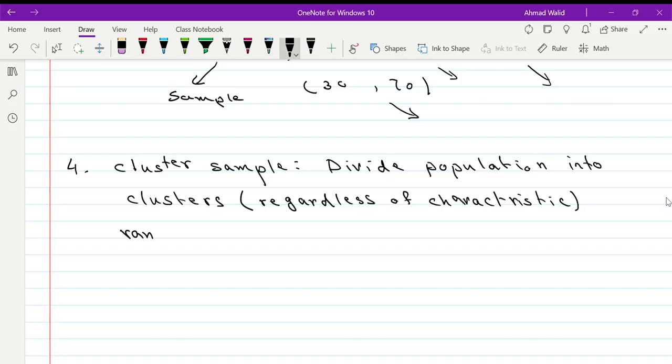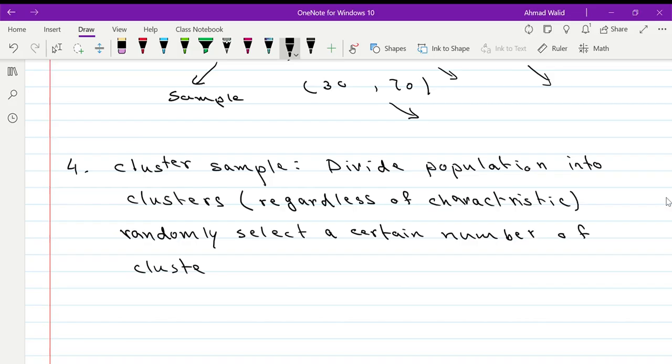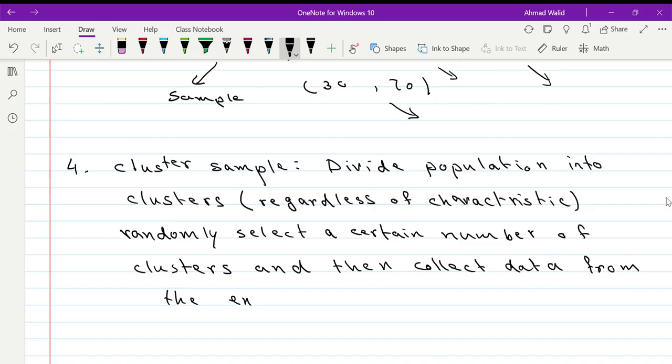Randomly select a certain number of clusters and then collect data from the entire cluster.